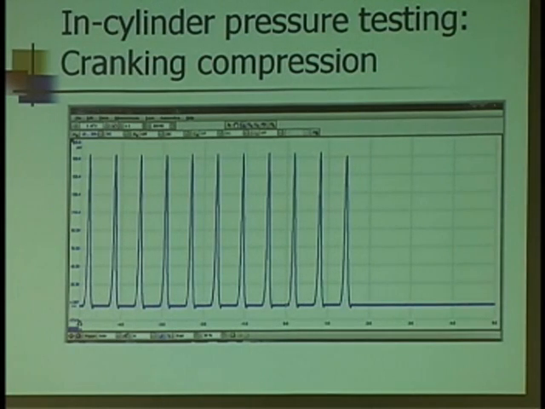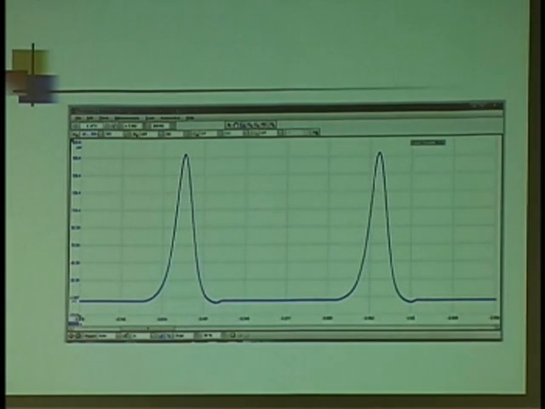With the traditional gauge, I'm going to watch to see how quick it comes up to its peak pressure, and then I have a peak pressure, right? But I don't know what's going on the rest of the time. Once I hit that peak, I can keep cranking, and I don't know what's going on after that. If I put on a pressure transducer, I can watch the pressure through the entire 720-degree cycle. I'm going to see what's happening on compression, intake, exhaust, and power.